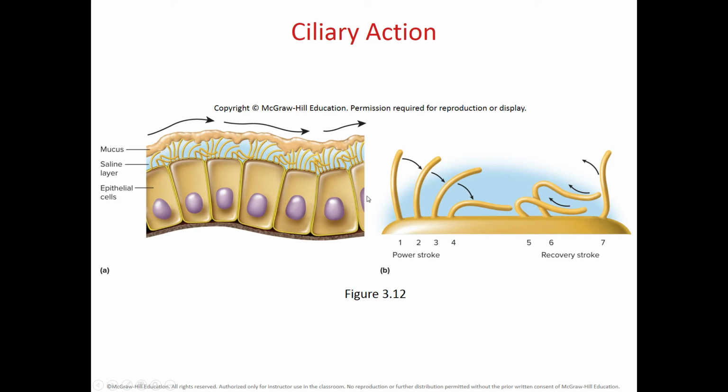So if the cilia move in the direction where they're beating out the mucus, that is called a power stroke, and then they have a less potent stroke that is called a recovery stroke.